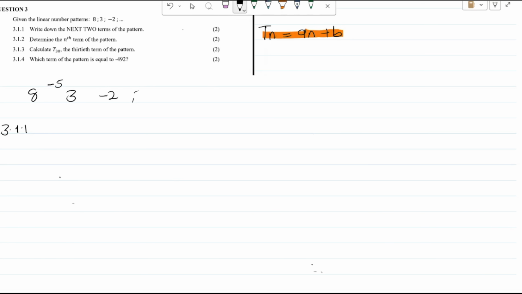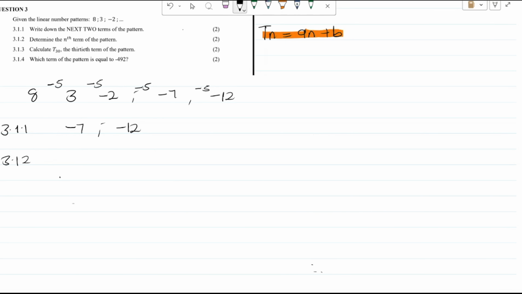So -5. 3 to -2 was again a -5, meaning with the next term we'd say -2 minus 5, and we get -7, and -7 minus 5 gives us -12, right? So you can just answer and say -7, then -12, and you get your 2 marks, guys.